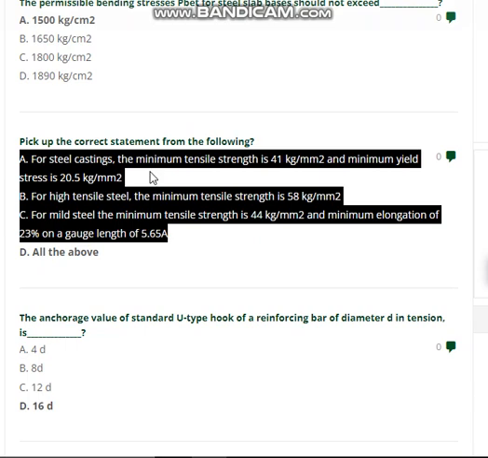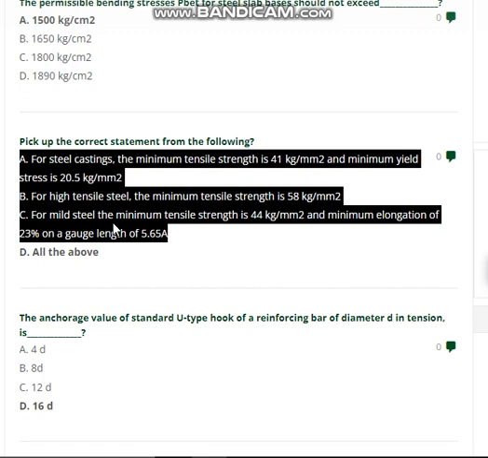For steel casting, the minimum tensile stress is 41 kg per mm square and minimum yield stress is 20.5 kg per mm square. For high tensile steel, the minimum tensile stress is 58 kg per mm square.